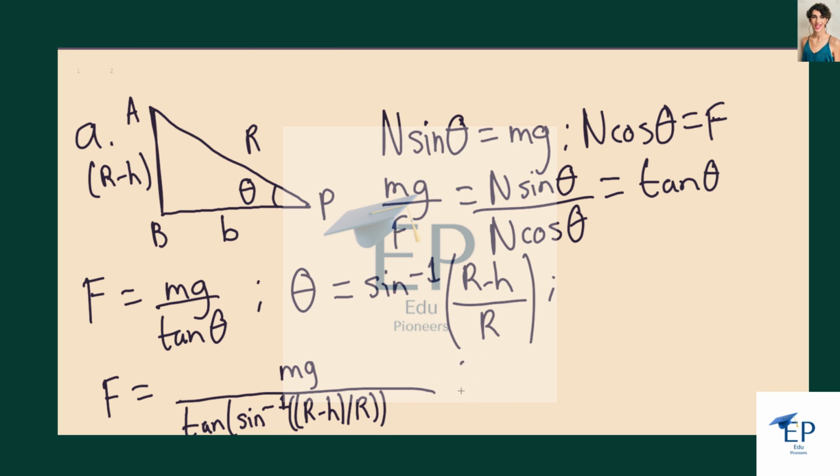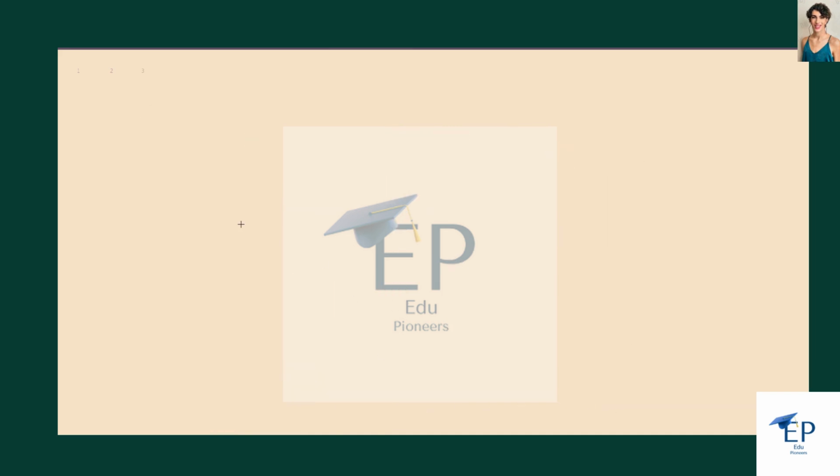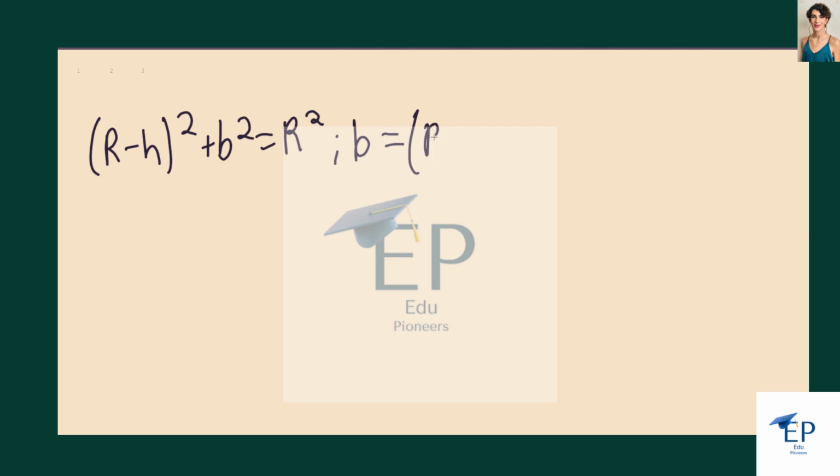From the triangle, once again, tangent of theta equals (R minus h) over b. Due to the Pythagorean theorem, (R minus h) squared plus b squared equals R squared, and so b is going to be equal to (R squared minus (R minus h) squared) to the 1/2 power.